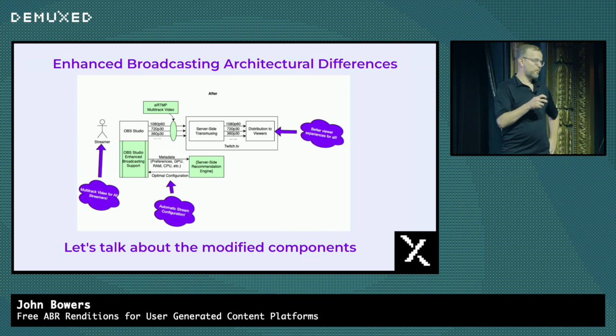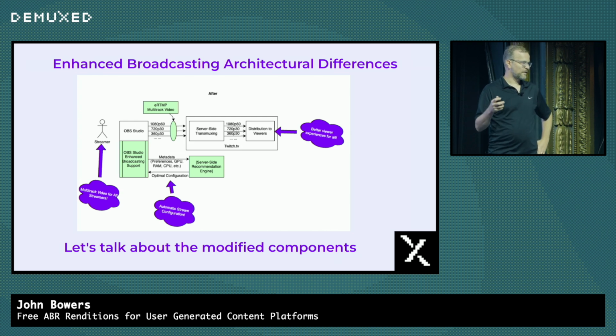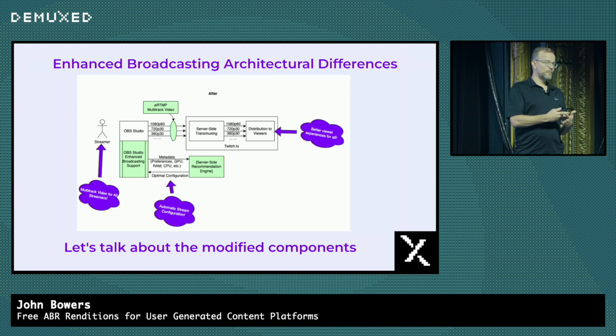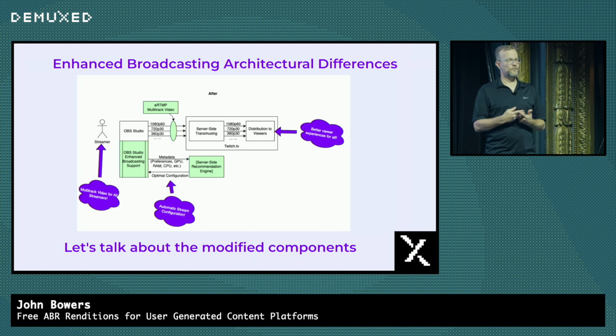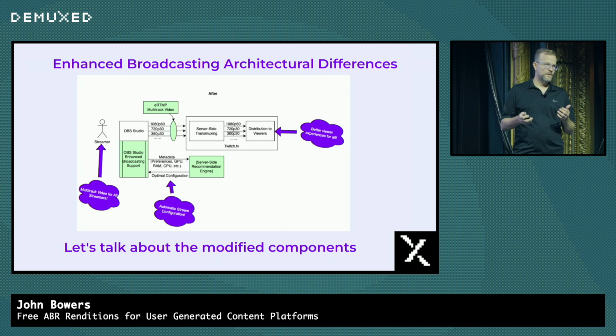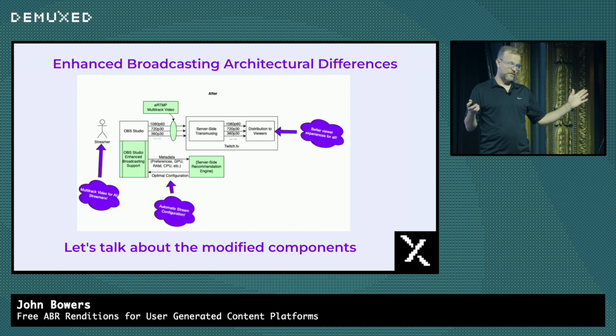If we do this, our architecture has to change a little bit. I'm going to talk about 3 places where we made some changes or worked with people to make changes. First of all, the contribution from the broadcast software has to change, because if you're doing multiple encodes and having the streamer send us that, OBS will have to change.